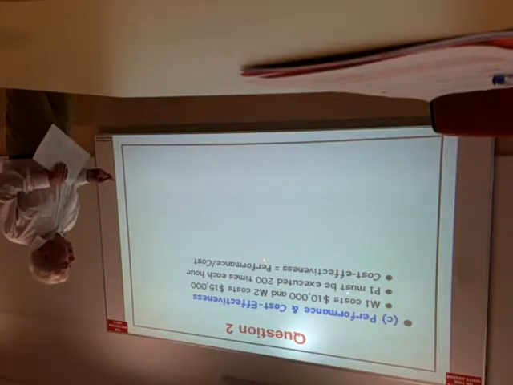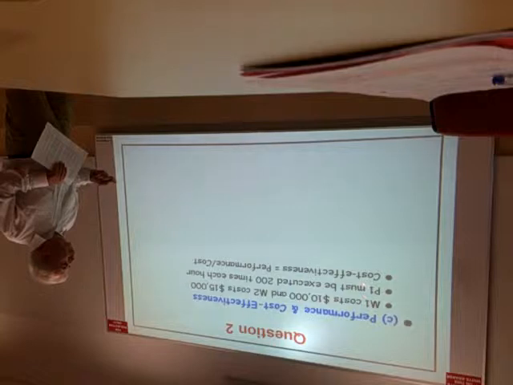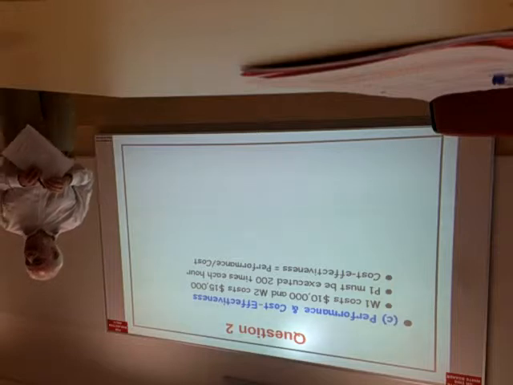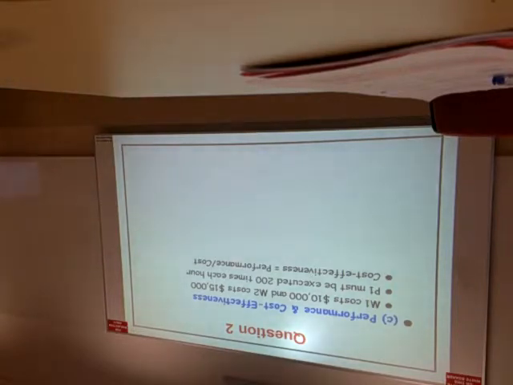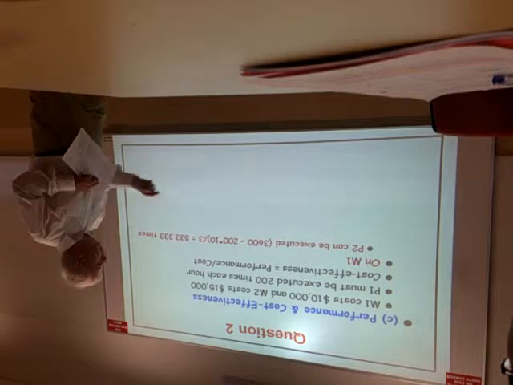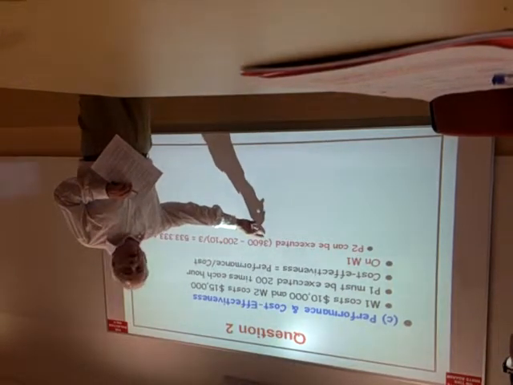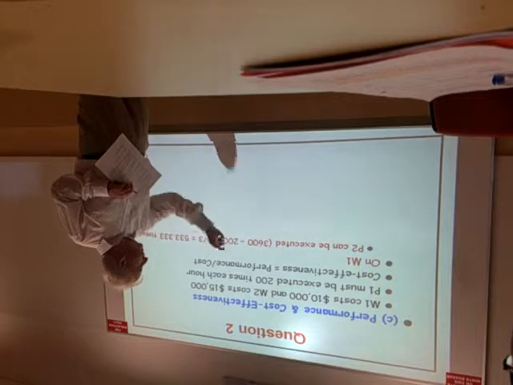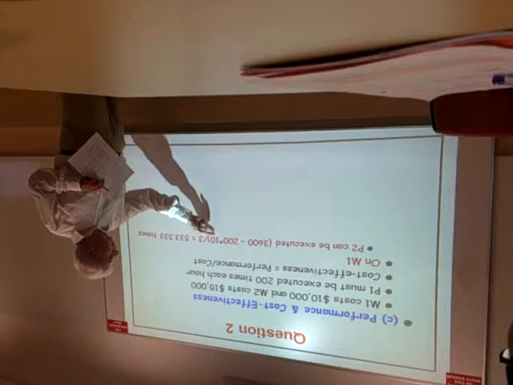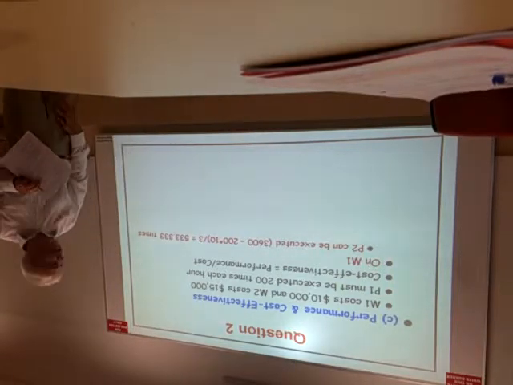So, to calculate the performance, we know P1 must be executed 200 times each hour, so we can see how much time we have left to execute P2. On machine M1, one hour is 3,600 seconds. P1 has to be executed 200 times an hour, and P1 takes 10 seconds on M1.